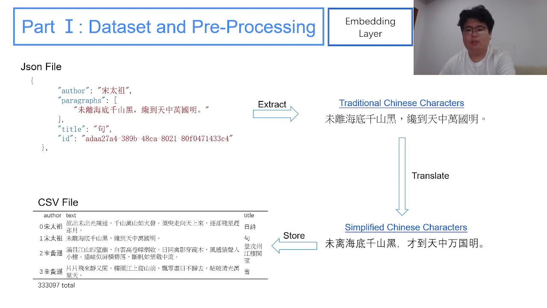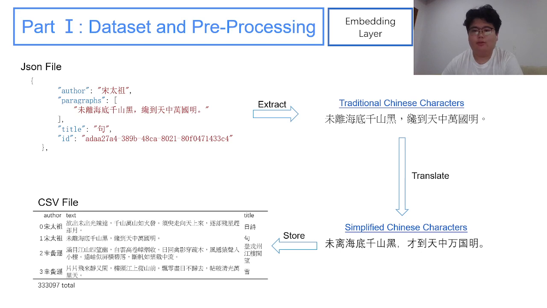So we found four collections of Ancient Chinese poems on GitHub, which have 330k poems in total.